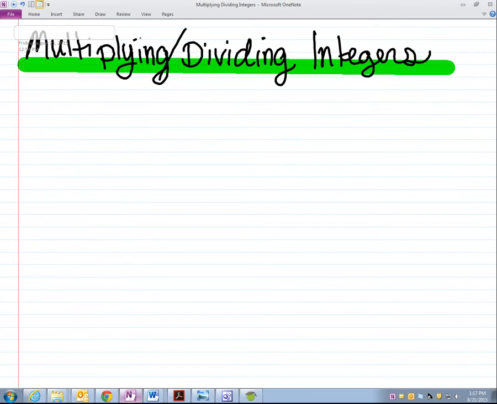So there's a couple of tricks about multiplying and dividing negative integers, and it's like this.